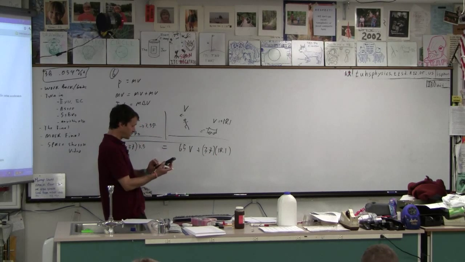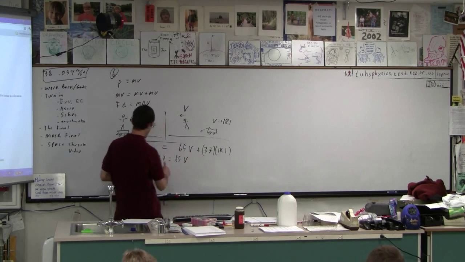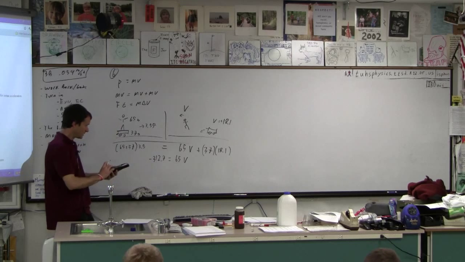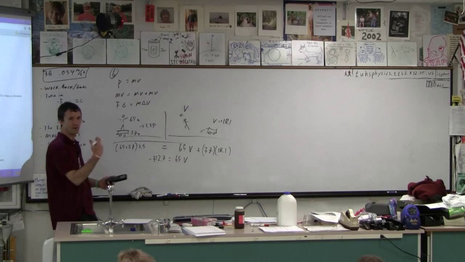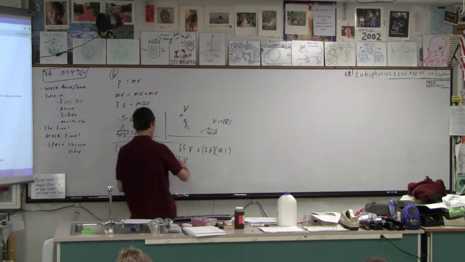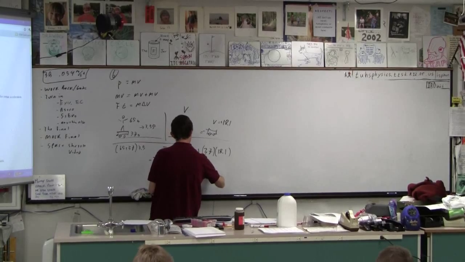So minus 37 times 18.1. And I get negative 312.7 equals 65 times v. Why is it negative? Divide by 65. It's negative because he's got to jump off. He's got to go to the left, doesn't he? Yeah, so his velocity is negative 4.81.